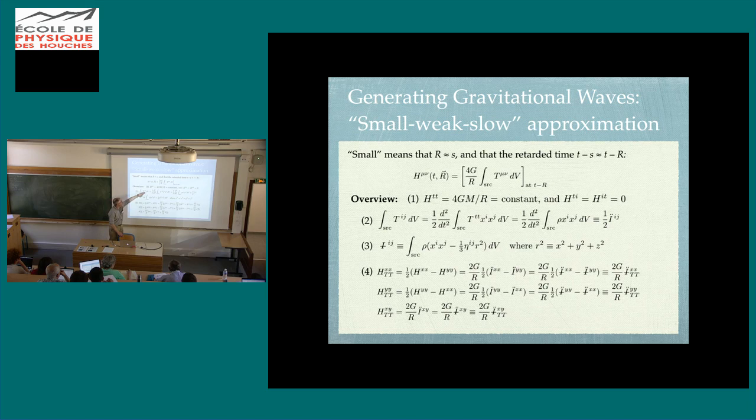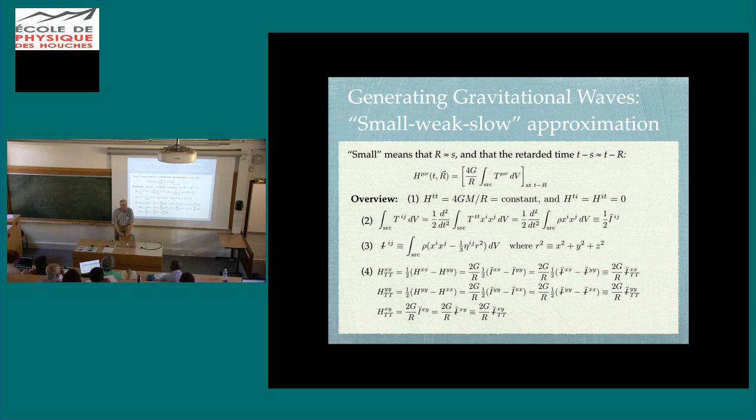But what's interesting is the integral over the spatial components of the stress energy. And it turns out that there is a mathematical trick that you can do to convert this integral into an integral over the density times spatial positions and take the double time derivative.